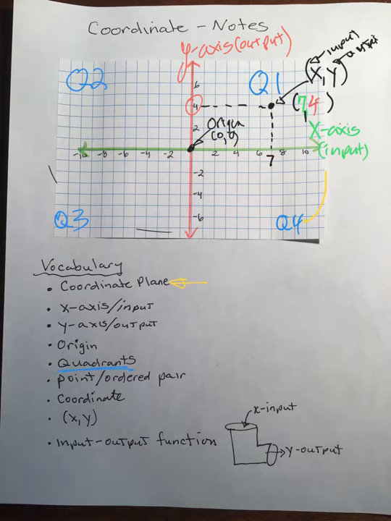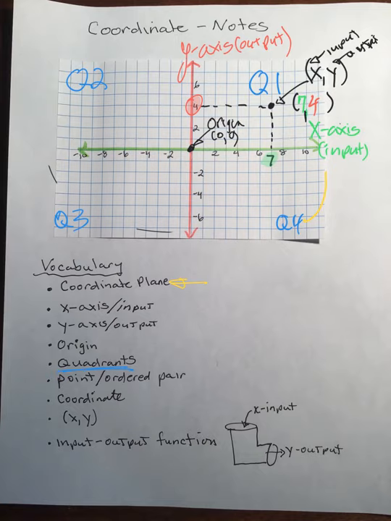So we say that point or that ordered pair has coordinates 7, 4. It has an input of positive 7, and it has an output of positive 4. So we always put the input first and the output second.